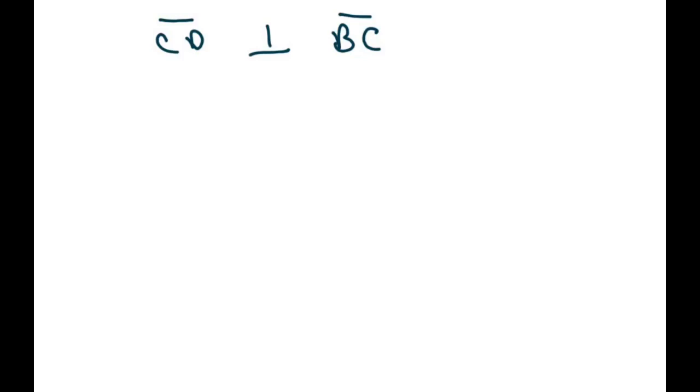So we're going to use the formula V dot W equals V1 W1 plus V2 W2 plus V3 W3.